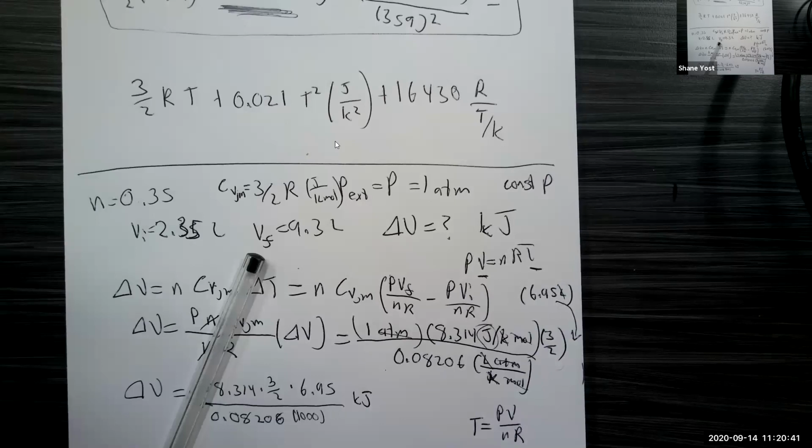Did I write something wrong with the problem? It's a volume increase, so it does work. Work should be negative, but delta U is positive because the temperature increases. So now that should be a positive value.